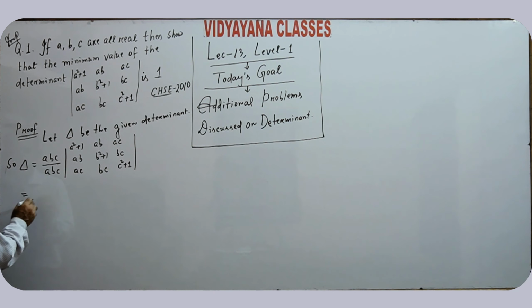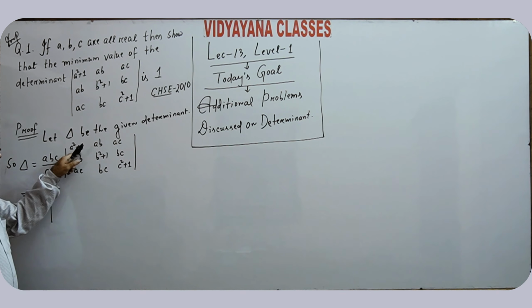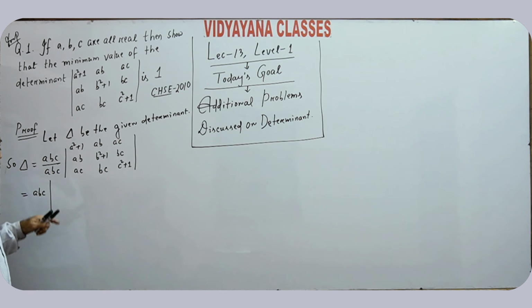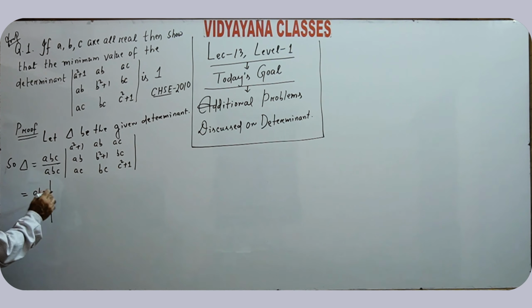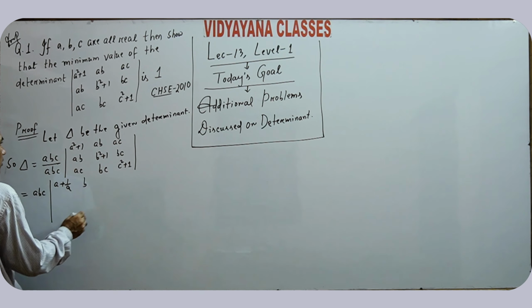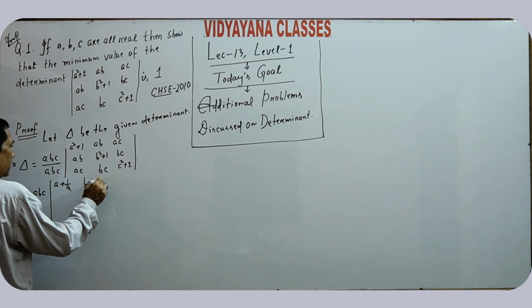Which is the same as abc into the determinant, multiplying 1 by a in row 1, 1 by b in row 2 and 1 by c in row 3. It gives a square plus 1 by a, b, c.